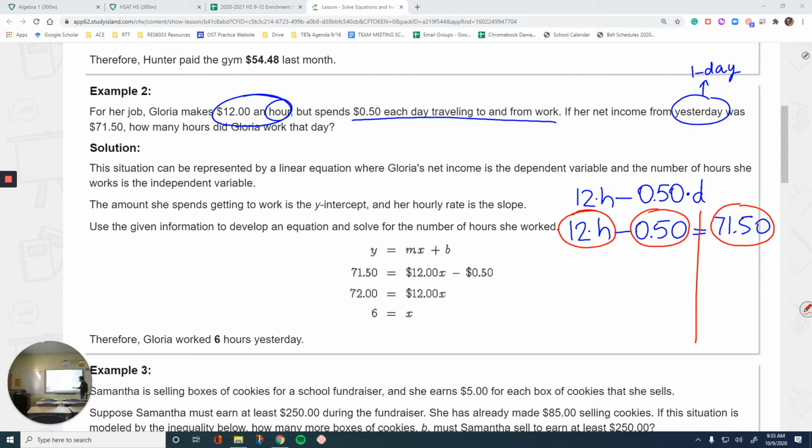So first, this should be by itself, okay? This whole thing, which means I gotta get rid of this guy over here. So it is negative 0.50, right? How do I get rid of subtraction or negative number? By doing its opposite. The inverse operation of subtraction is addition.